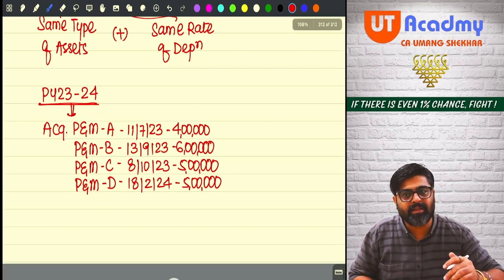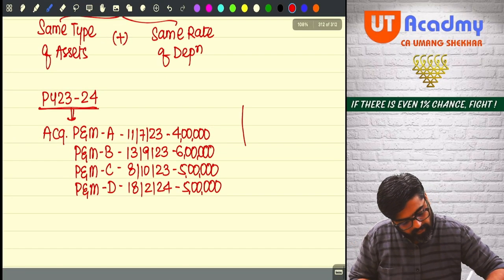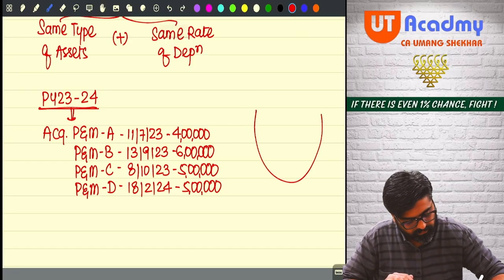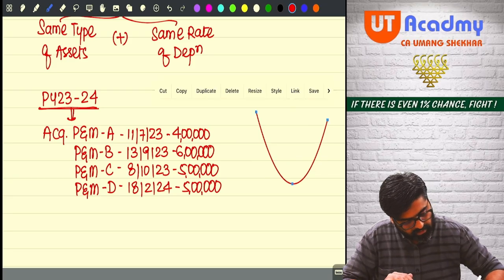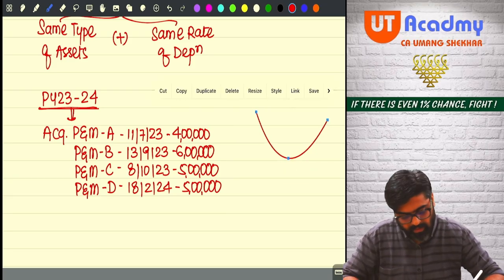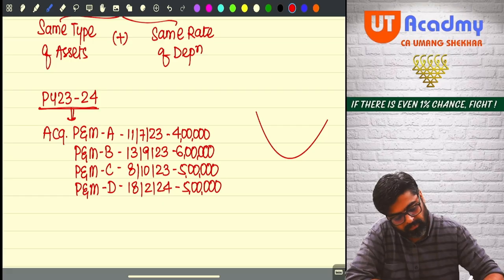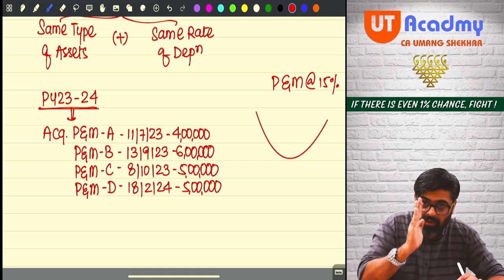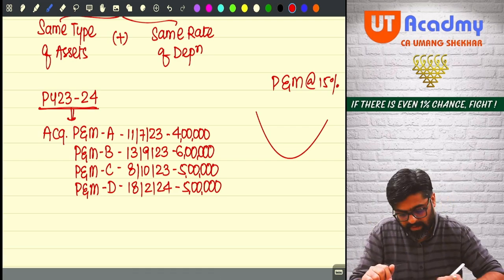So in 23-24, I made one basket. Now in this basket, what I'll do? I'll give the name to this basket, plant and machinery, at the rate of 15%. This basket was created for the first time in the last year. Getting my point?